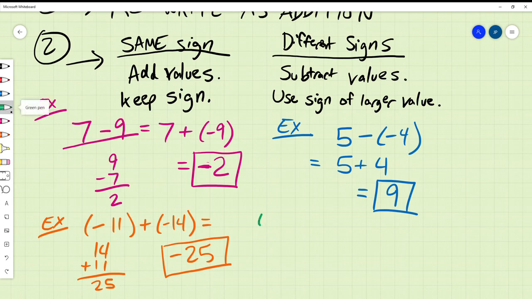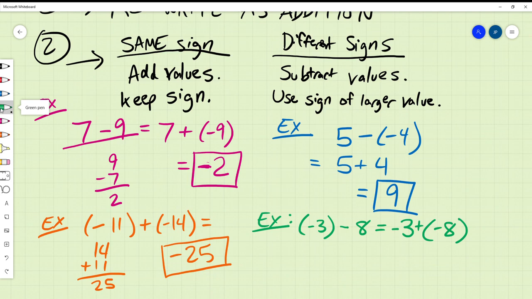Let's finish this off with one last example. Again, let's start with a negative number. Let's say we have negative 3, and we want to subtract 8. If we have subtraction, again, we can rewrite it as addition. So we'll rewrite it as negative 3 plus a negative 8.